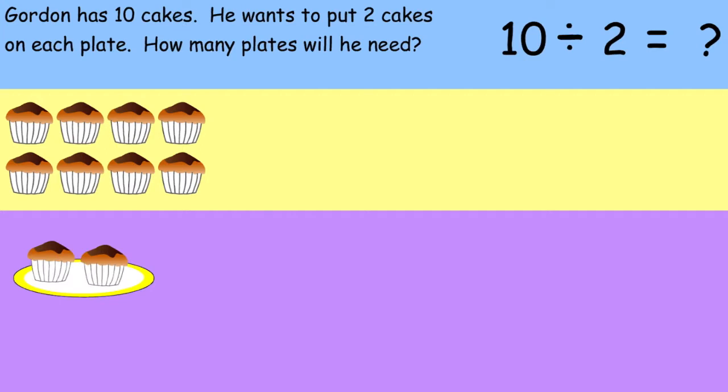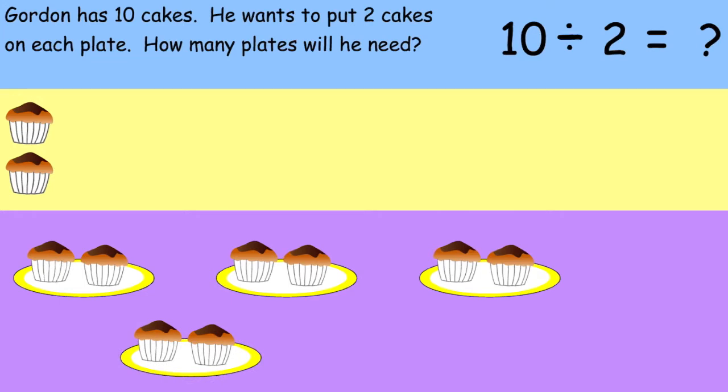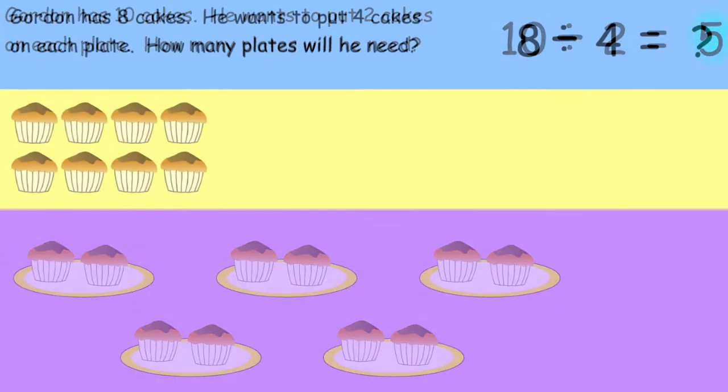Here's 2, another 2, another 2, another 2, and another 2. Okay, all of the cakes have been put into groups of 2 because we were being asked to divide by 2. How many groups have we made? 1, 2, 3, 4, 5. So 10 divided by 2 equals 5.